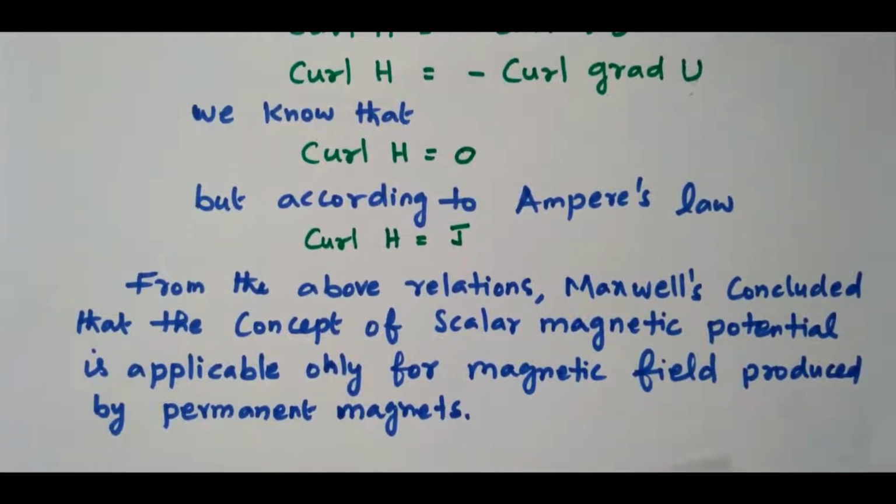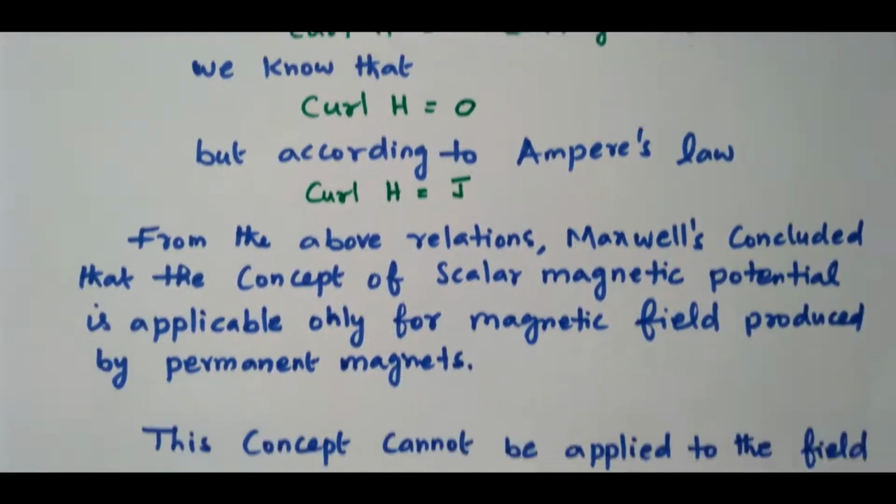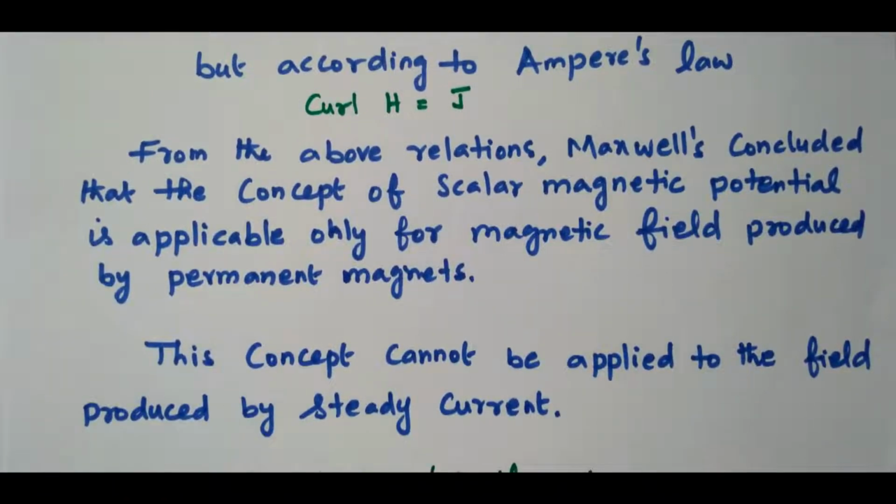So from the above relation, Maxwell concluded that the concept of scalar magnetic potential is applicable only for magnetic field produced by permanent magnets, not an electromagnet. So this concept cannot be applied to the field produced by steady current.